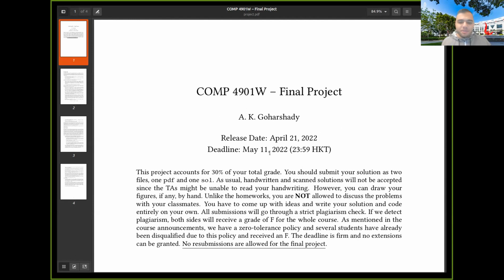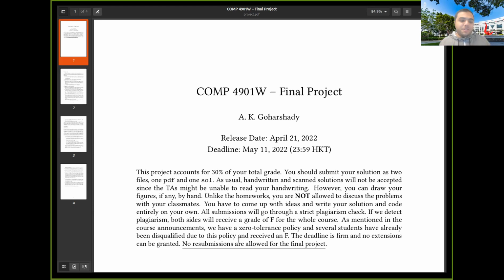We've gone through this before, but unfortunately, there were a lot of cases where I had to apply the zero tolerance policy in homeworks 4 and 5 and give the students a grade of F. I don't like to do that. So please make sure that you don't discuss these problems with your classmates. Make sure that you write your code and your solution entirely on your own.